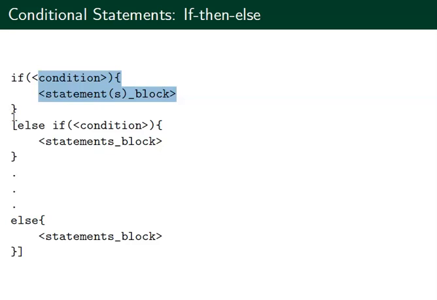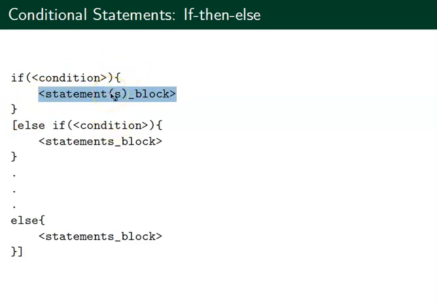Throughout the chat, we got the question whether we use indentation like Python or not. The answer is no, we don't use indentation to define the block of statements. The block of statements is defined using the braces. If you have only one statement inside your block, you do not have to use the braces, and if you have more than one statement, then you have to use the braces.